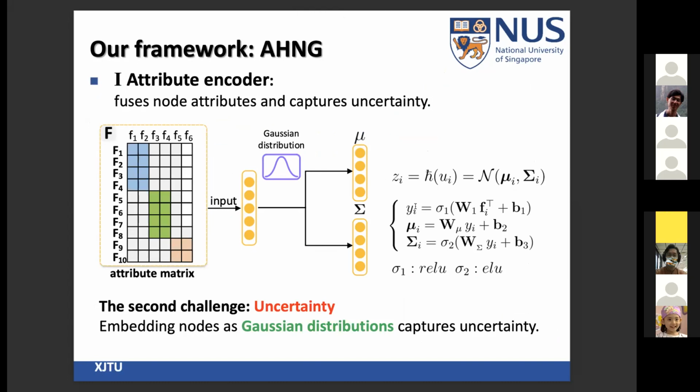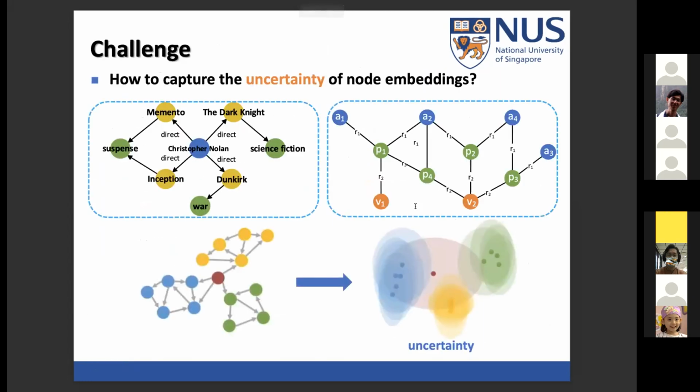Yeah, so maybe I have one more question about uncertainty. Can you re-emphasize why uncertainty is a challenge? We can use this example, and we can see that Memento and Inception are suspense movies, right?